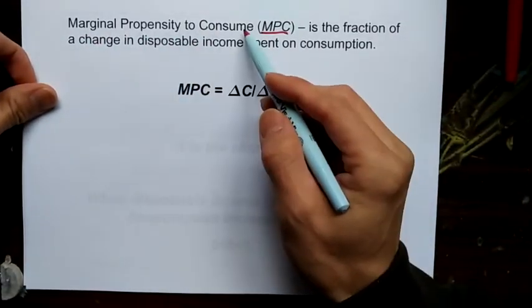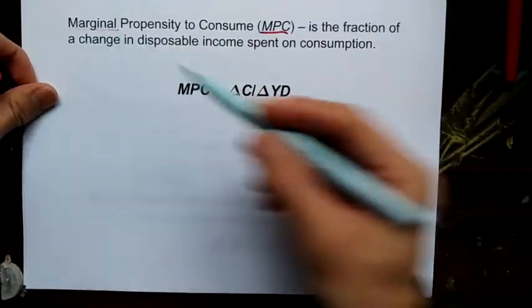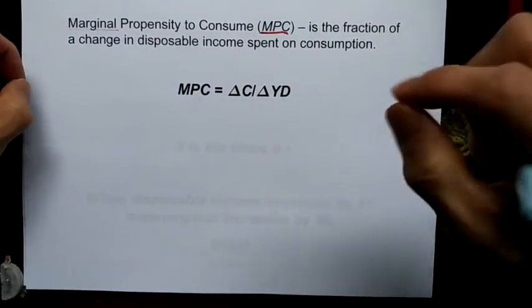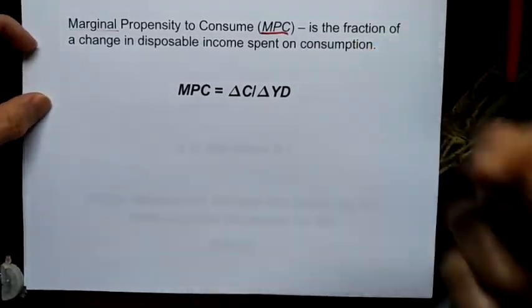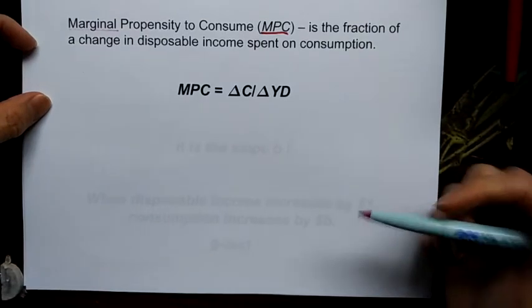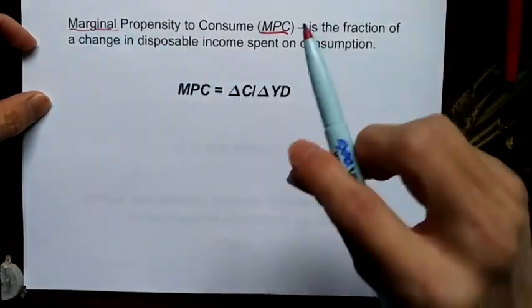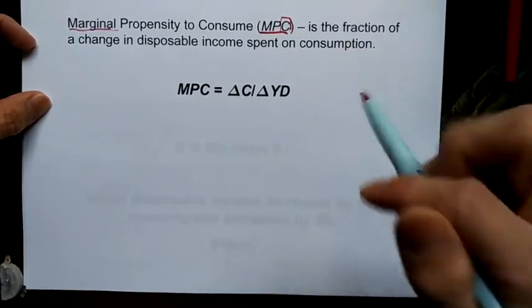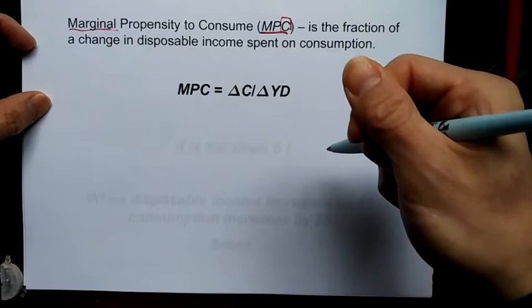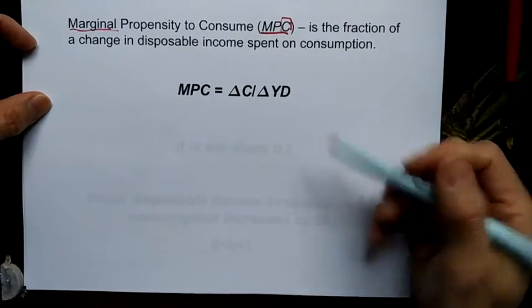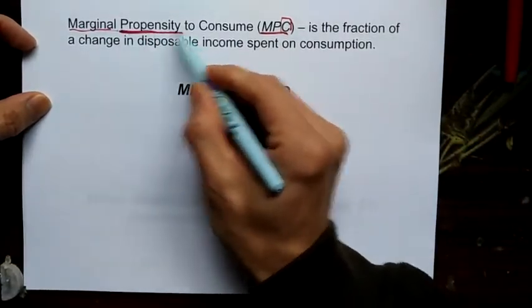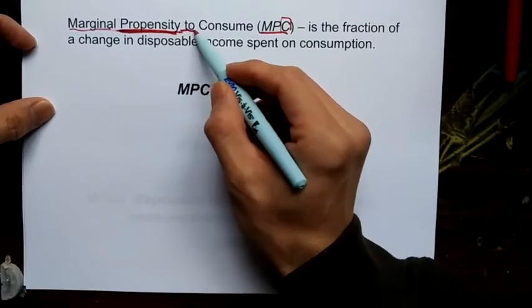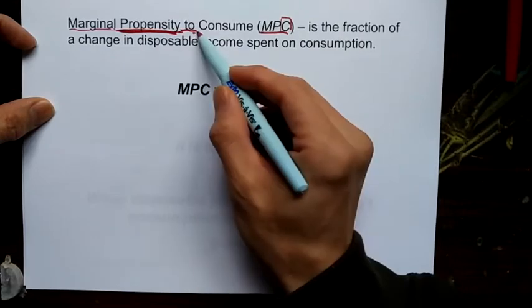From those words, marginal, remember you learned marginal in your microeconomics. Marginal is when you increase something by 1 unit. So when you increase income by 1 unit, because consumption depends on income, if you increase income by $1, what is your propensity? What do you intend to do with this $1 in consumption?